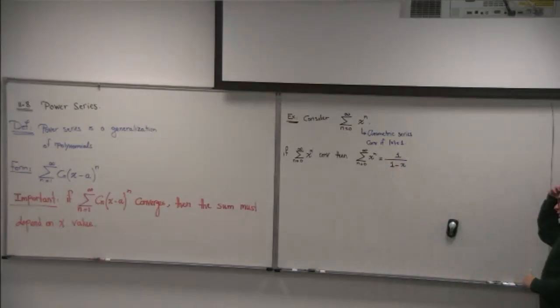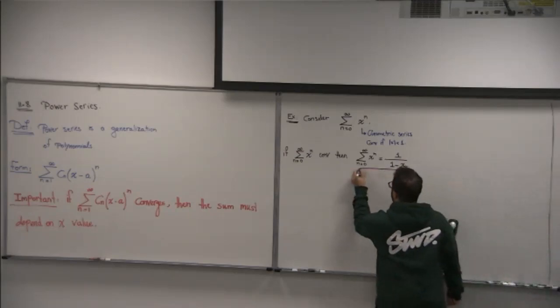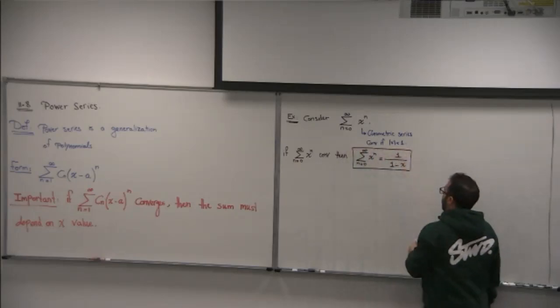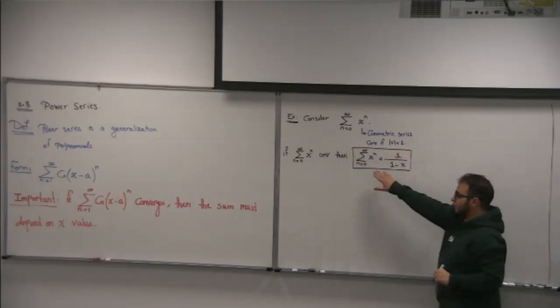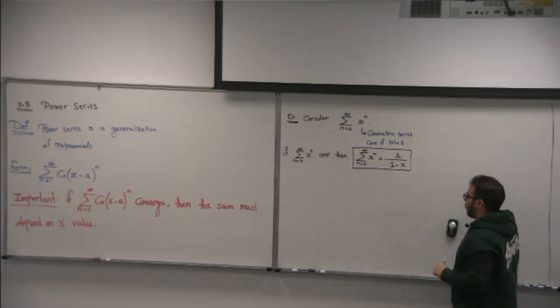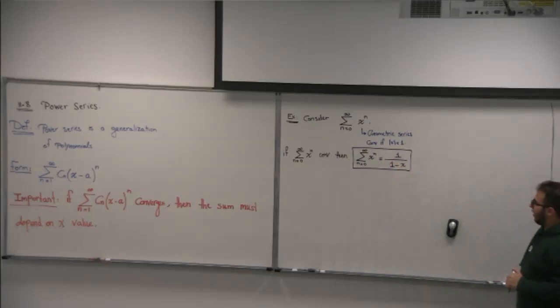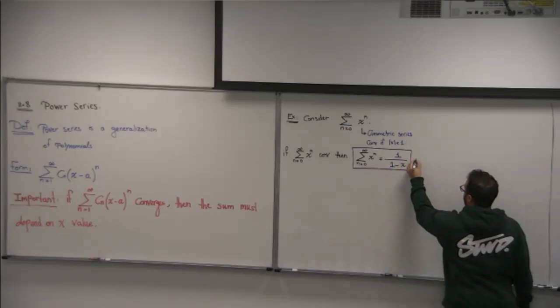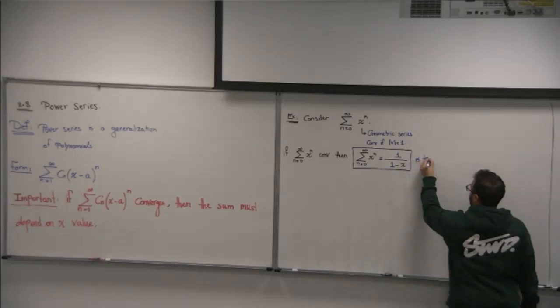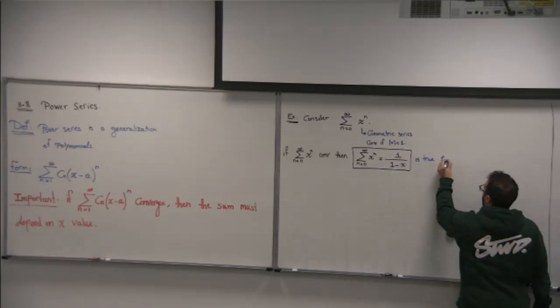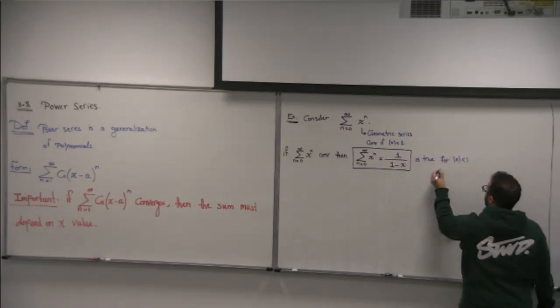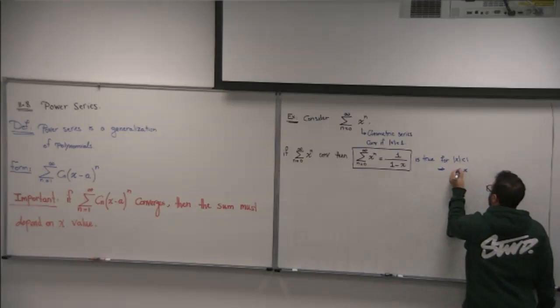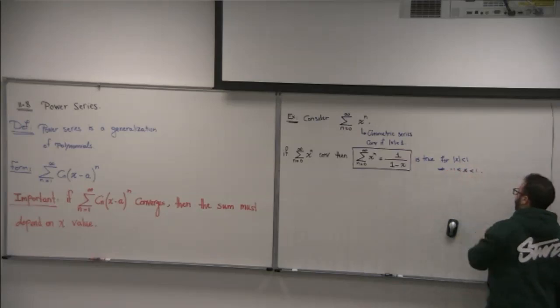This formula that I just obtained, 1 over 1 minus x, is basically what we call the series representation of the function 1 over 1 minus x. We will dig more into this in 11.9, but for now I just want to show you that this formula is true for absolute value of x less than 1, which means that x is between minus 1 and 1.